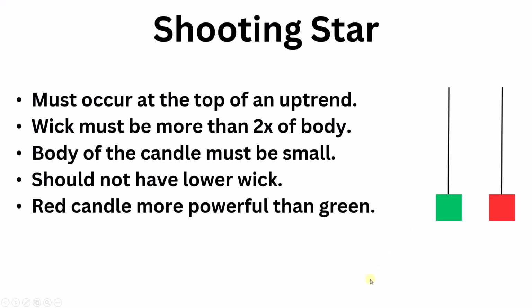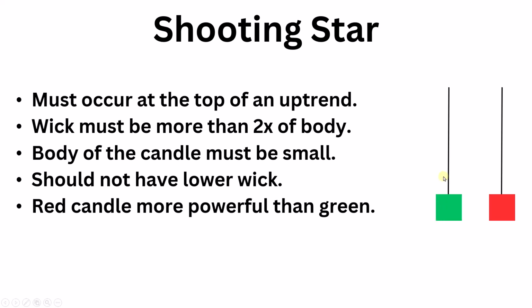What is happening in a shooting star? A shooting star is appearing after an uptrend, correct? From the previous 4 to 5 days, buyers or bulls were in control. They moved the price up, up and up. And let us say today the price opened here. The bulls took up the price.